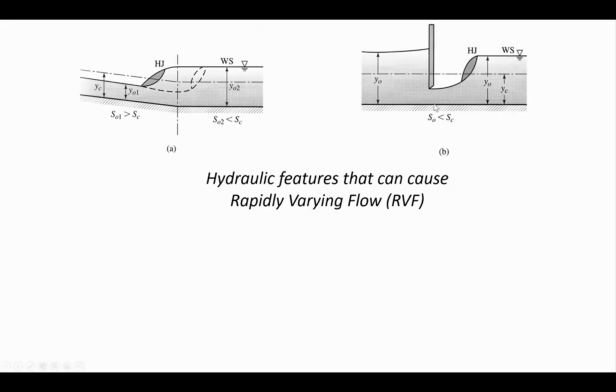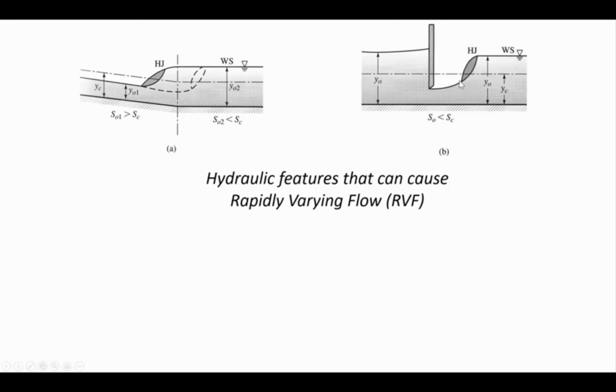You can have temporarily supercritical flow because the water coming out of this gate is moving fast, because the pressure behind the gate is forcing it out at a high velocity, but then the water's slowing down. You'll notice it's getting a little bit deeper. And eventually, as it slows down, it transitions from supercritical to subcritical flow and has a hydraulic jump along the way.